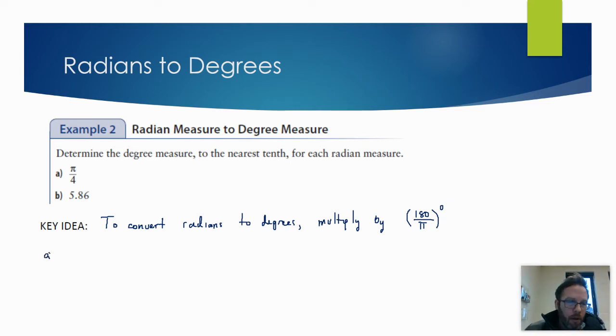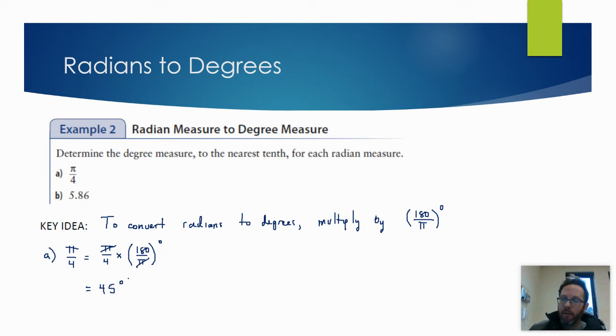How does this work? Let's look. For pi over 4, to get this in degrees, we take pi over 4 and multiply by 180 divided by pi degrees. Pi divided by pi is 1. 180 divided by 4 is 45.